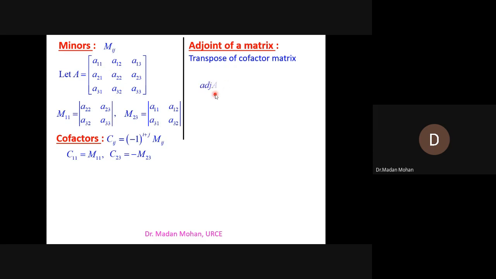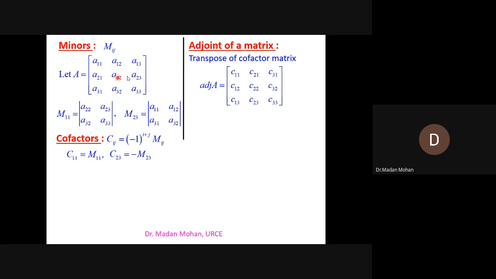Now we denote this with adj A. Now observe. Here C11, C12, all these 9 you can calculate with signs. C11, C12, C13: write it as a column because of the transpose.